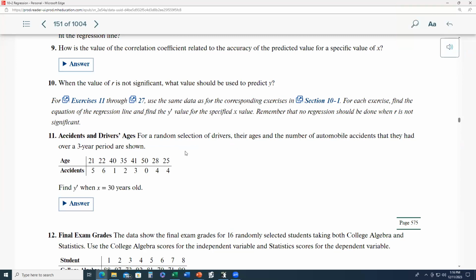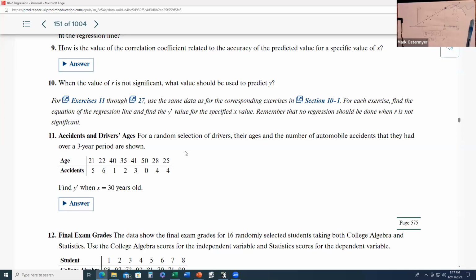The older the driver is, the fewer accidents they have, so I think it was an inverse relationship. Do you agree? The fewer years of experience a driver has, the more accidents they tend to have, and just the opposite for more years of experience. So I think R was pretty close to -1.